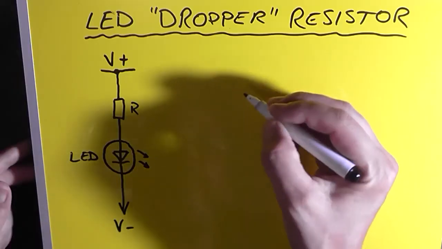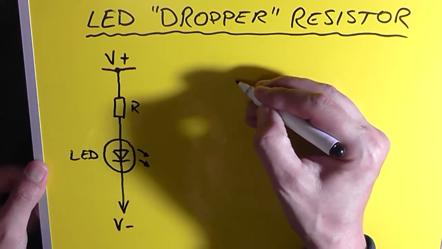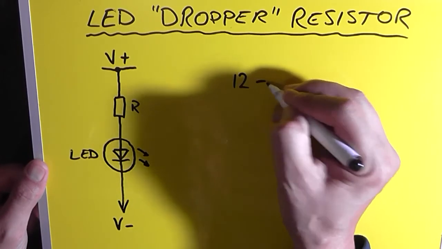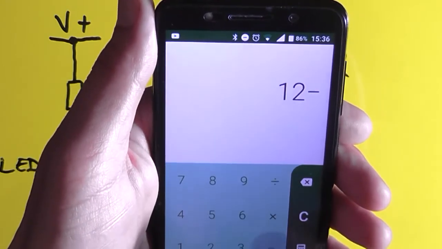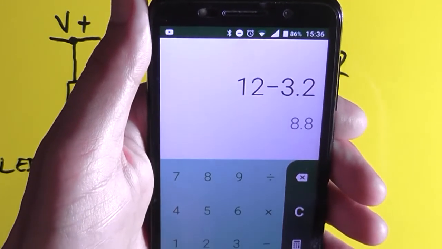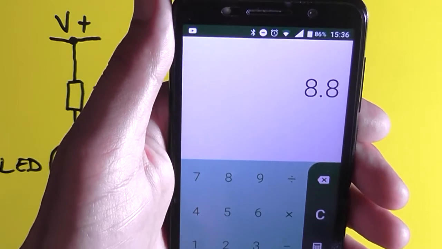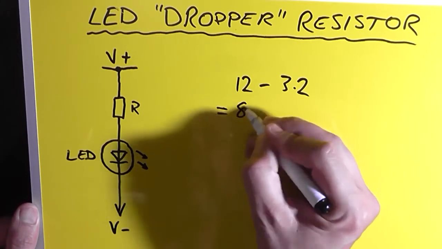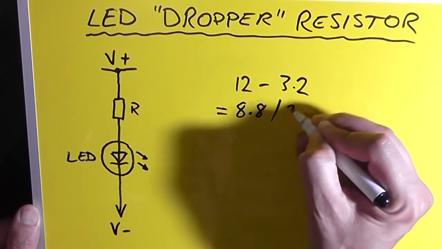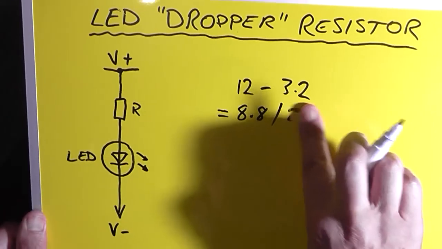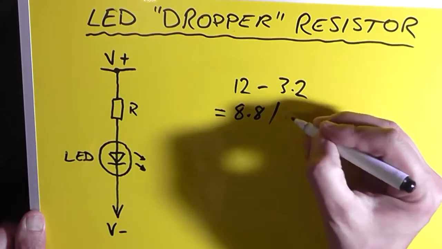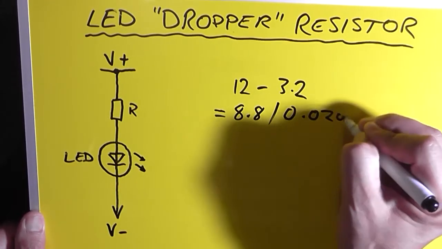So, first we need to know the drop. So it's 12 minus 3.2 volt equals 8.8. So that equals 8.8 volt divided by 20 mA, which is 0.02.